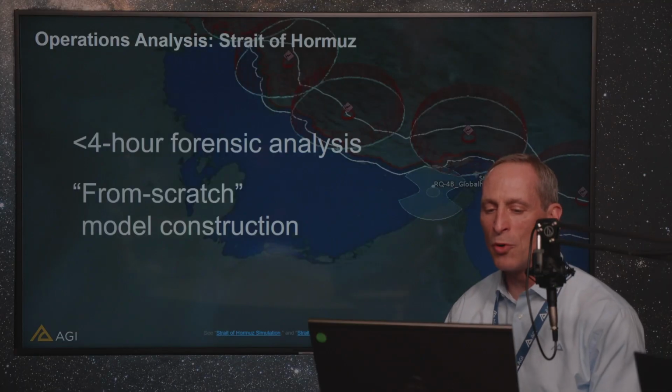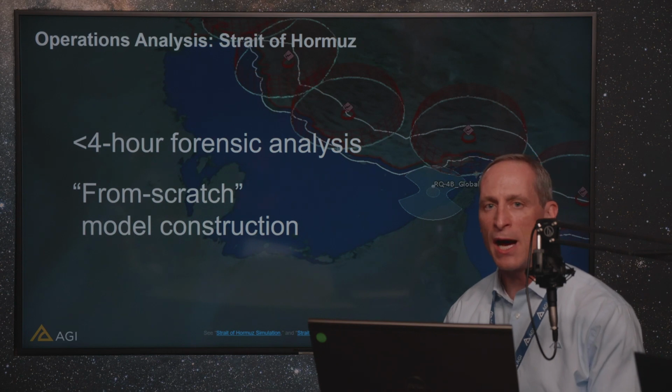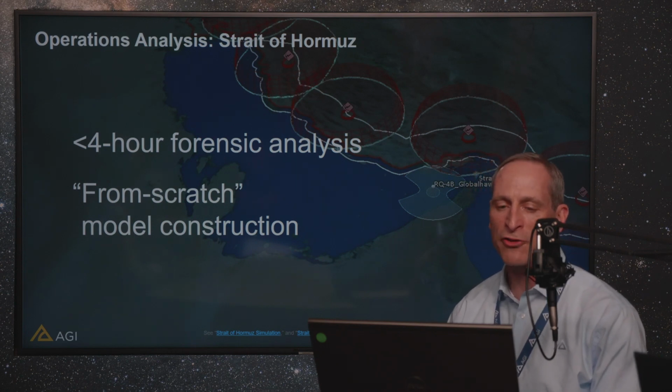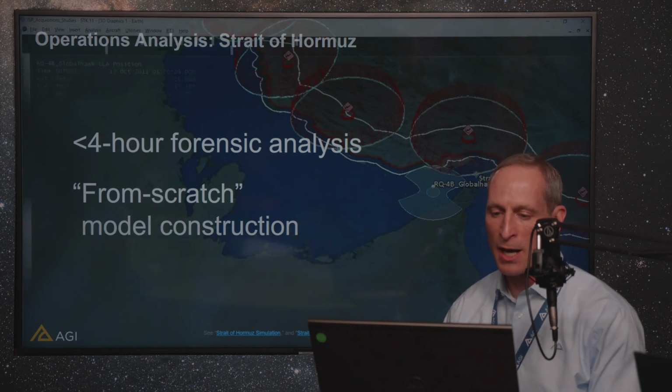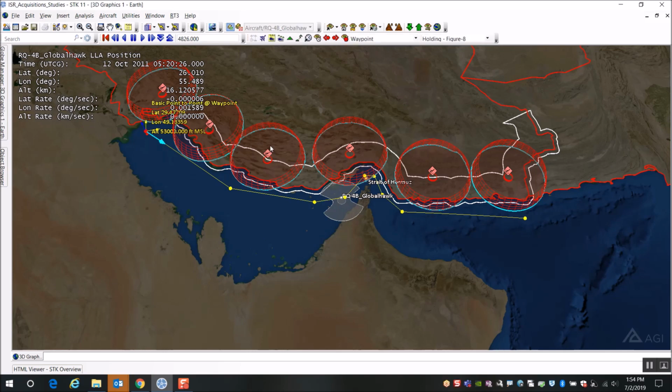A recent example that we saw that was kind of close to home for us is what we participated in here at AGI after the recent shoot down of a Global Hawk over international waters near Iran. And here's the video, and you can go to the webinar and see this for yourself.